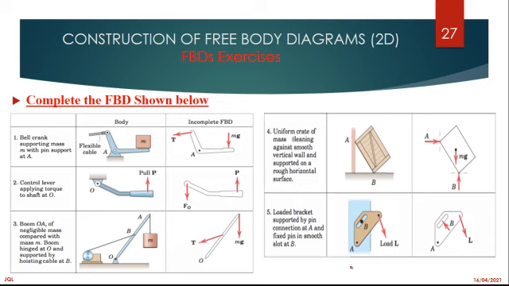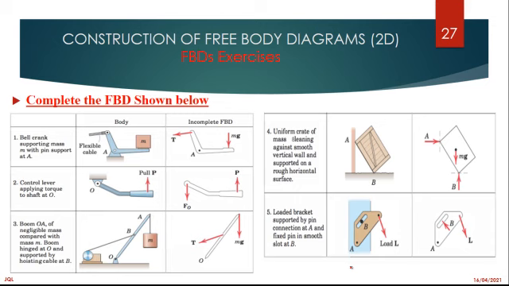I think here, from the attempts that you did, let me just try to model the reactions on the given free body diagrams that are shown on this slide 27.